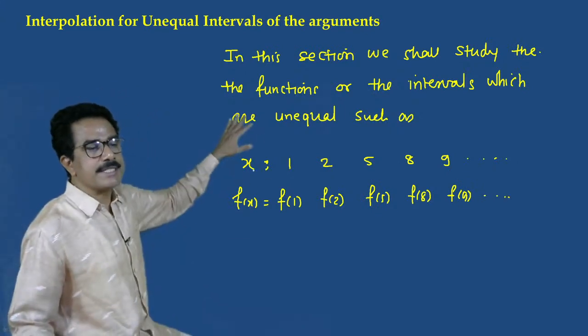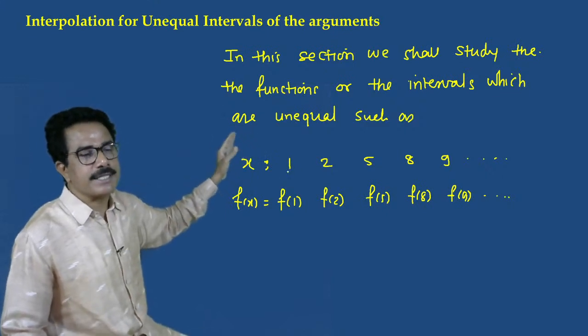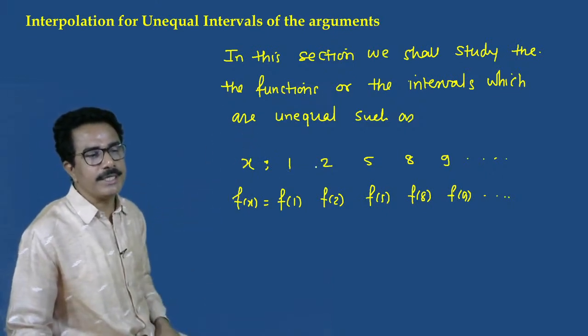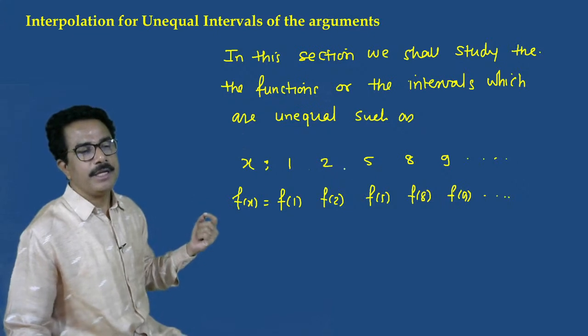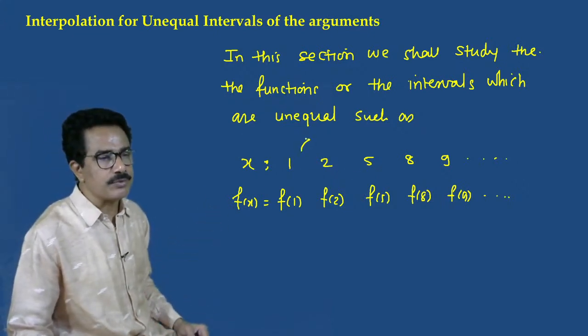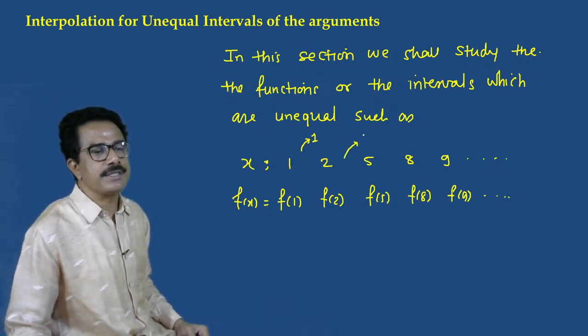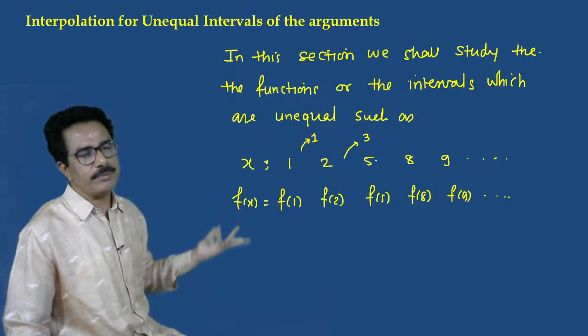In this example, the values of x are 1, 2. Here the difference is 1. Then the difference between 2 and 5 is 3, 5 minus 2 means 3.